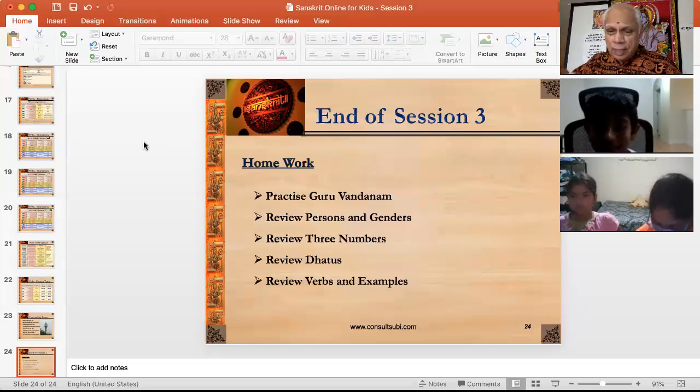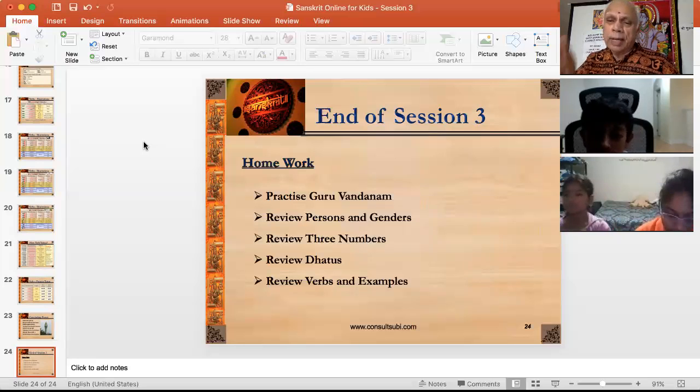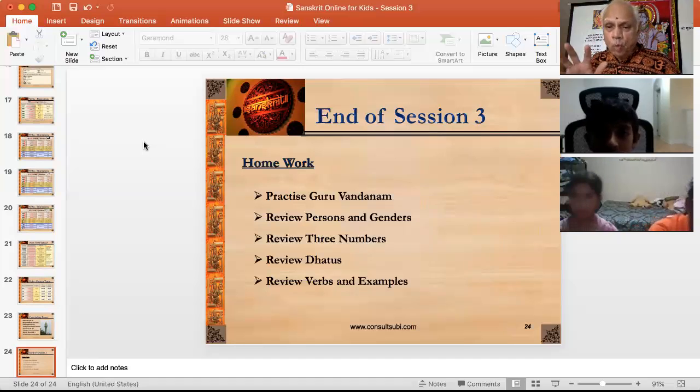Have you seen little children, 2-year-olds, 3-year-olds? They don't know how to read or write English, but they talk. They start walking and then they start talking by hearing. The same way, you will start learning this language by talking and practicing. Don't worry too much about grammar, okay?